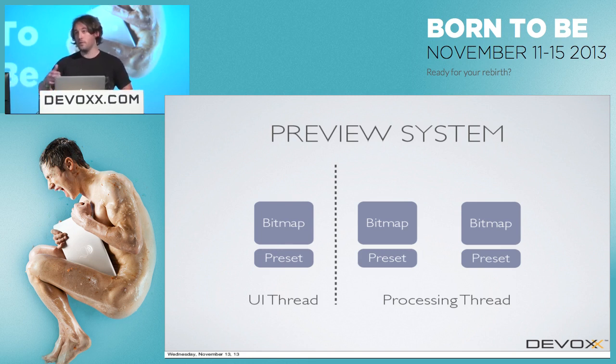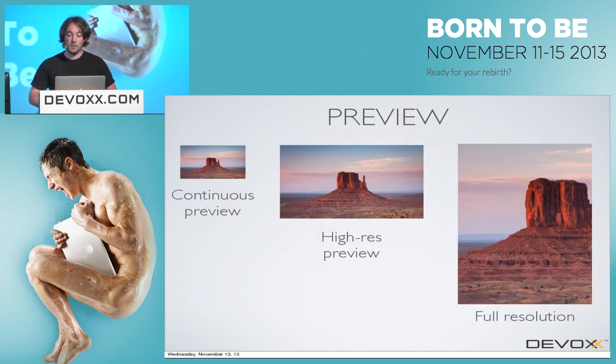We do pay the cost of having 3 copies of the preview, but because it's low res, it's not a big deal. More importantly, we do not do allocation. Then the preview model is basically that we have this continuous preview that is applied as soon as the user is tweaking a parameter, and that's a pretty low res image. When the user stops touching the filter, modifying the parameters, we display a high-res preview.